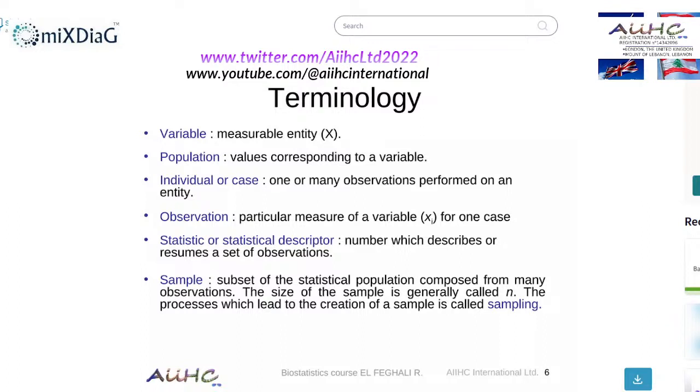Statistic or statistical descriptor: a number which describes or summarizes a set of observations. So here we calculate some numbers which will reflect the overall behavior of our population.